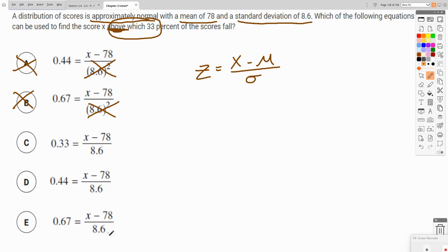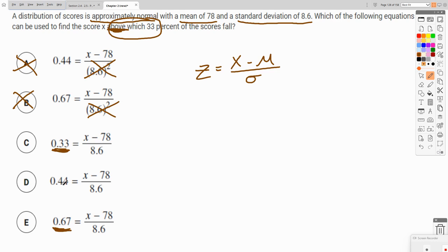Or some people would say the answer's C because there's the 0.33. And most people would conclude it can't be D, because where on earth does 0.44 come from? That doesn't seem like a plausible number at all.